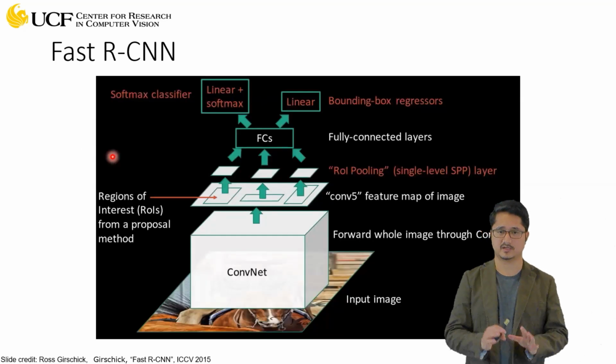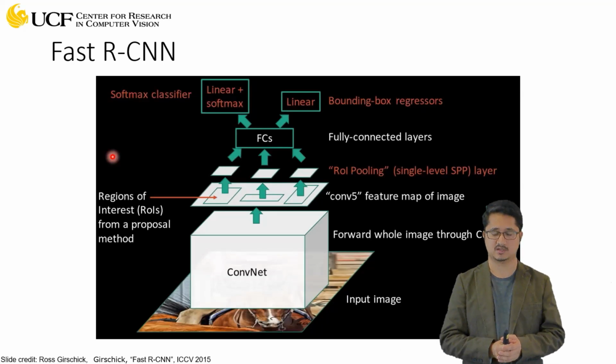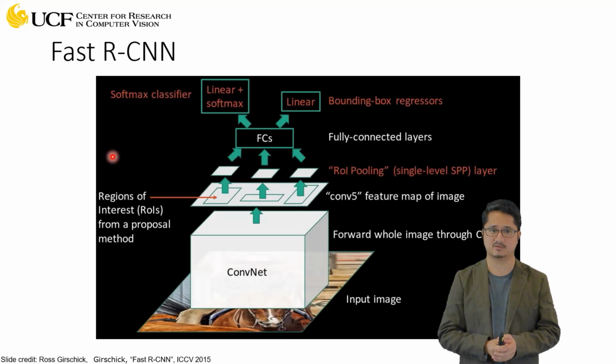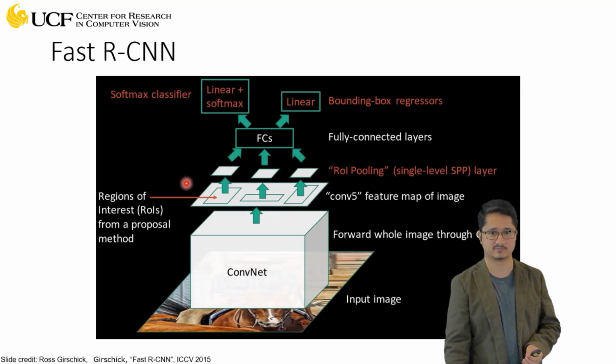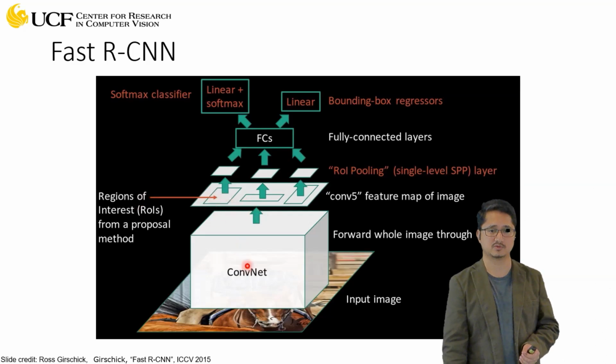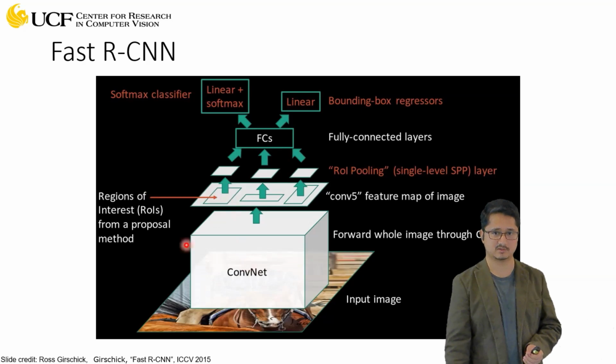So this is again a similar kind of architecture. Now the interesting part is, instead of applying the region proposals on the input image, we apply these region proposals on the activation maps. We take the input image, pass it to the CNN, and extract the features.